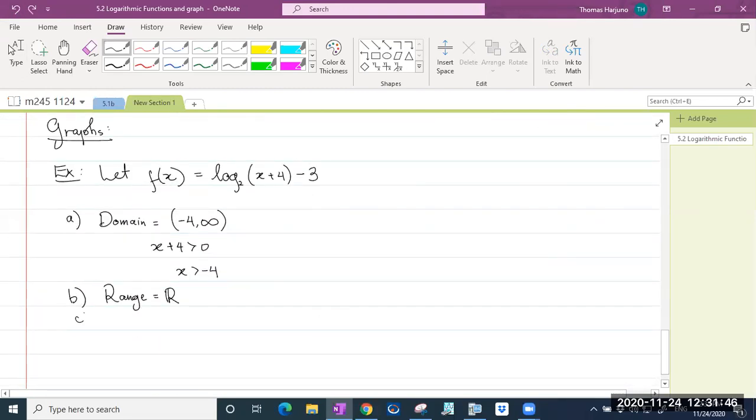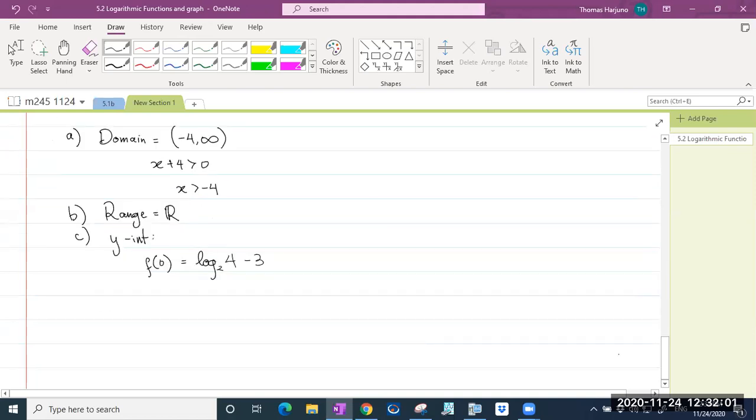How about the y-intercept? f(0) is equal to log base 2 of 4 minus 3. Now, what is log base 2 of 4?